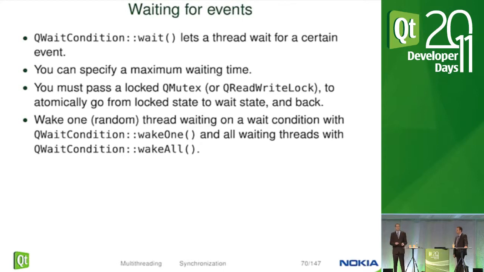So you don't want to have wake being called before wait is actually taking effect, and you wake up a thread that is not going to sleep yet, and then it will call wait afterwards and sleep forever. So you need to make sure this happens in the right order, and for that we need another synchronization primitive like a mutex or a read-write lock.